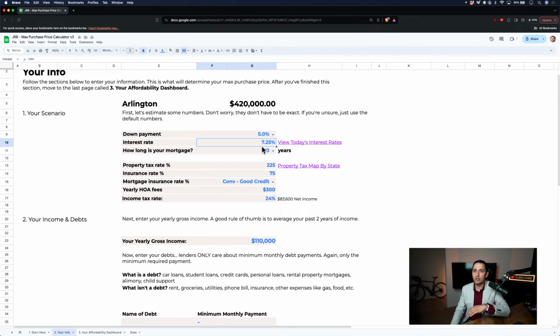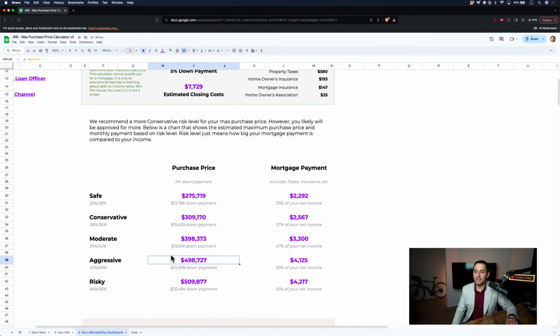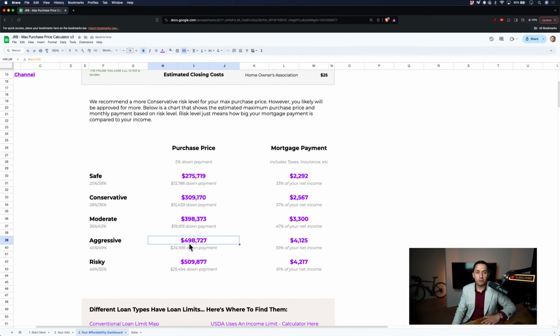Let's just say the interest rate drops 2 points, 5.25. Look at what that does to your purchase price. It added $60,000 or almost $70,000 to your purchase price from the levels that we were at.